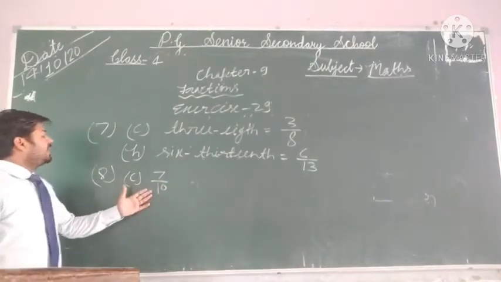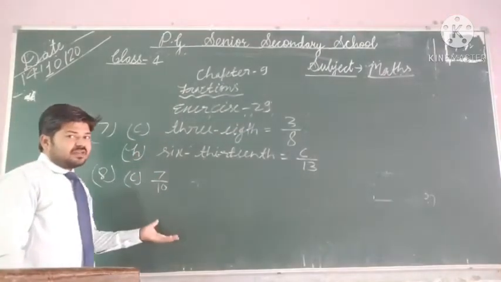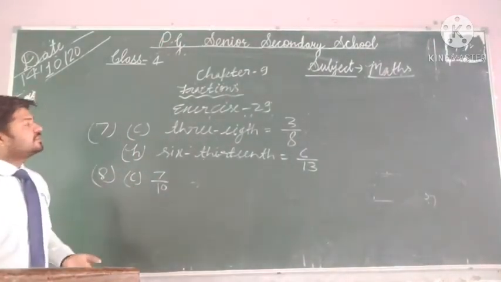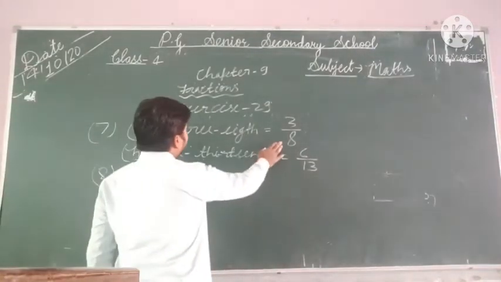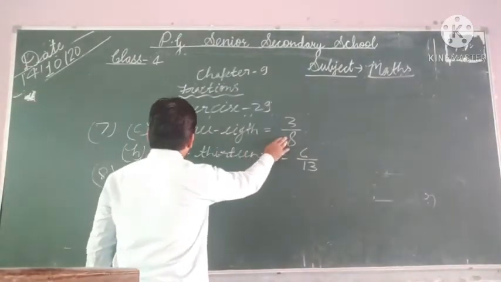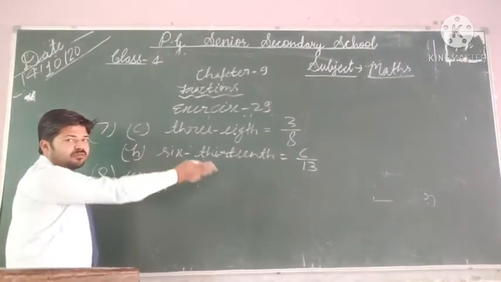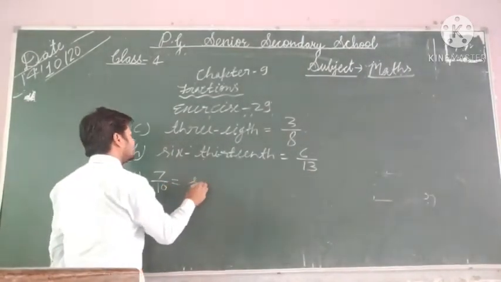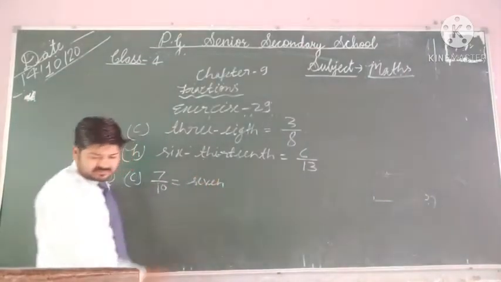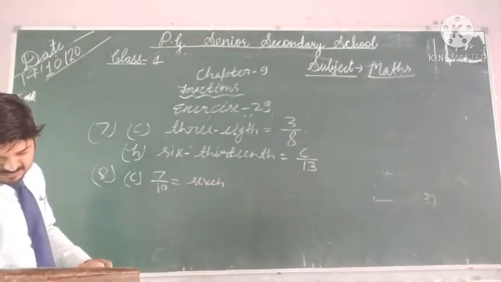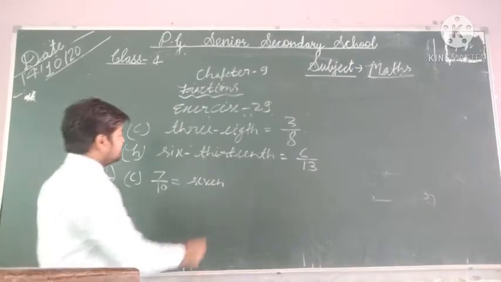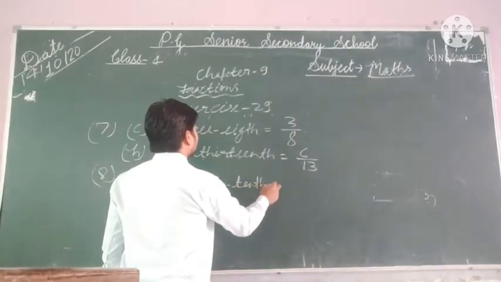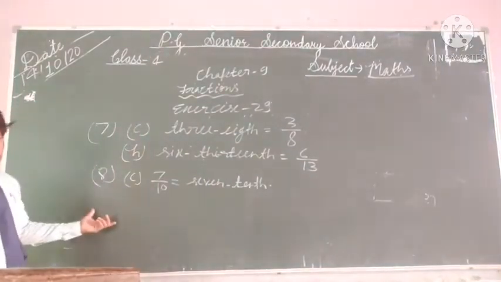Question number 8 is opposite of question number 7. Here, beta, you got words so you write in numbers, and where you got numbers you write in words. Okay. So what you write here? 7/10. So like this you can solve this exercise.